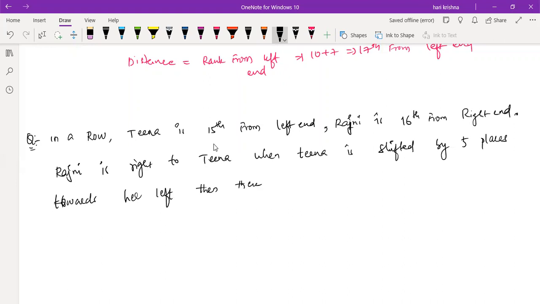Then there are 8 girls between them. Then how many persons are there in the row?